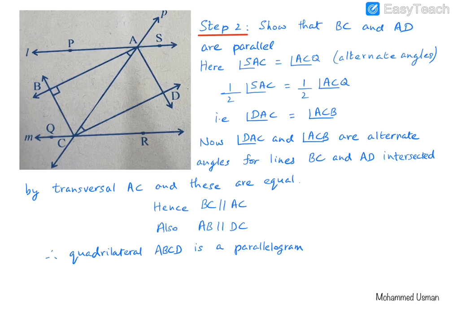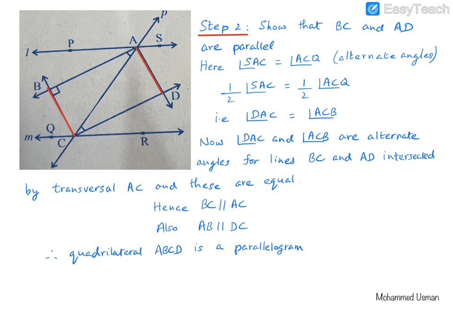Let me mark that. BC is this line over here and AD is this line over here, and we are going to show that these two lines are parallel. Once we have shown that, then we can show that the quadrilateral ABCD is a parallelogram.